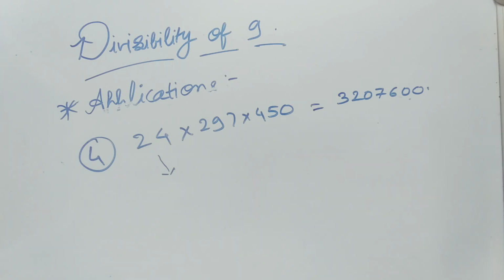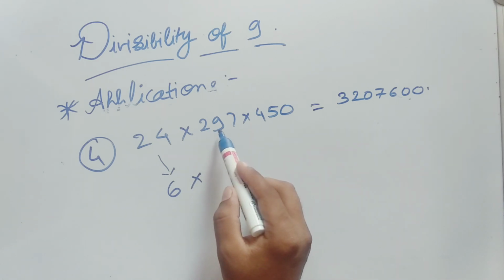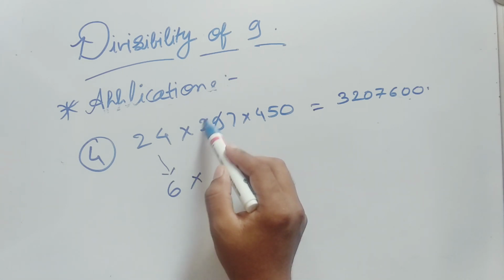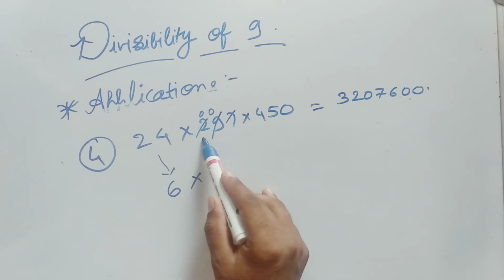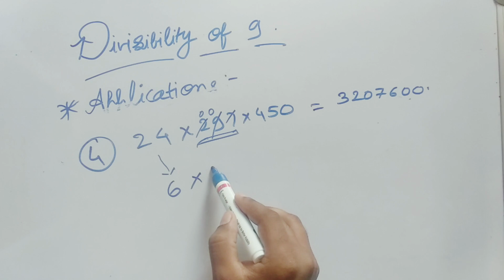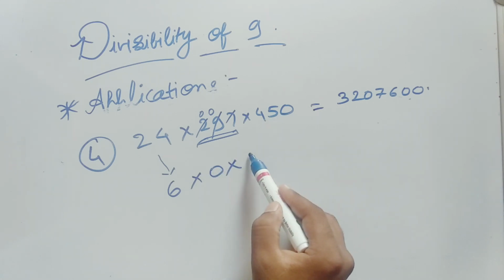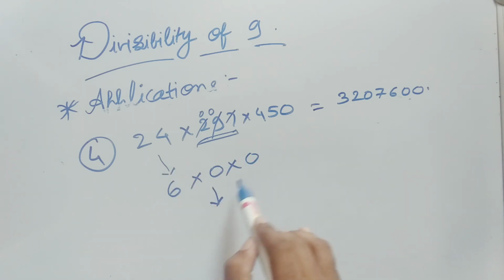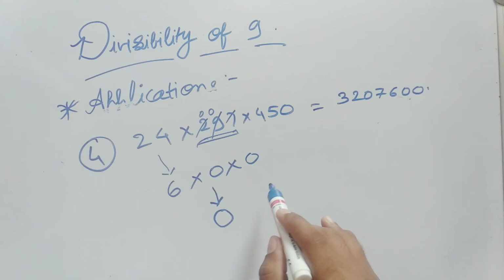So 2 plus 4 will give 6 into, you can rule out all the digits which add up to 9. So we can cancel 9 over here. Then again 7 plus 2 will give 9. So this becomes 0 and 0. So the single digit conversion for 297 is 0. And as 450 is completely divisible by 9, we get 0 as the remainder. Now the equivalent conversion of this single digit is 6 into 0 will give 0 as the single digit conversion.